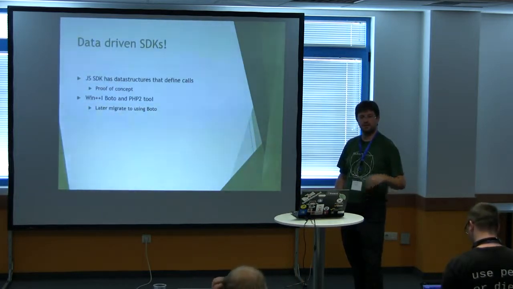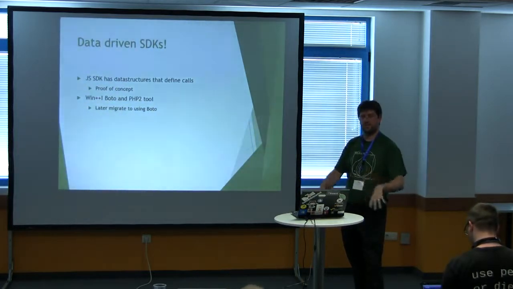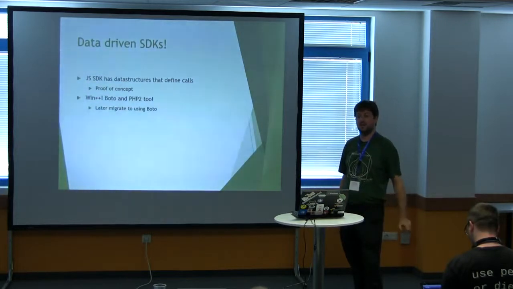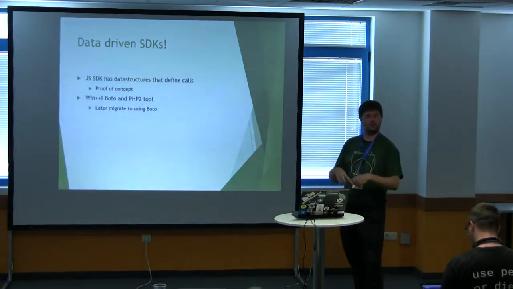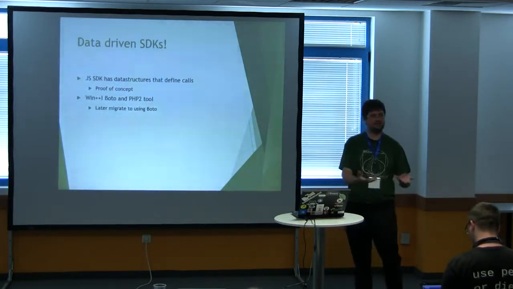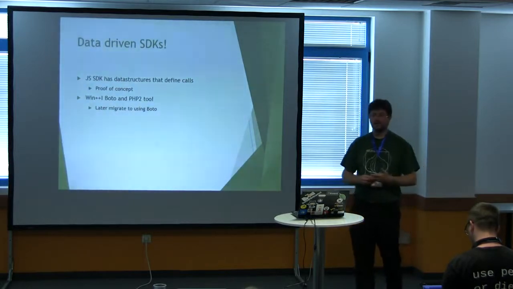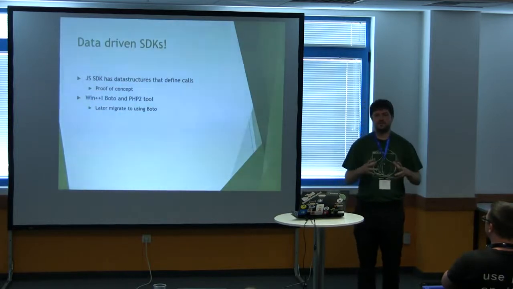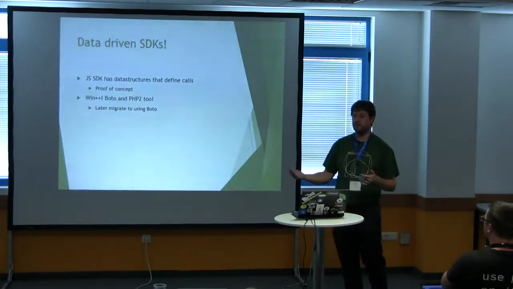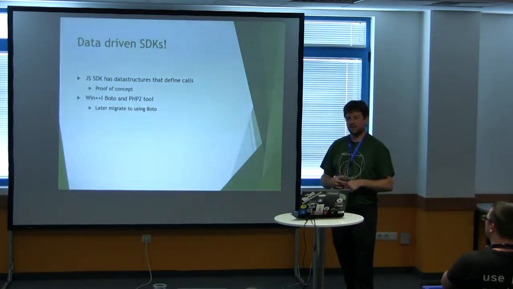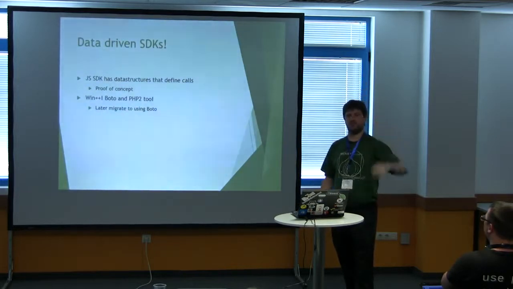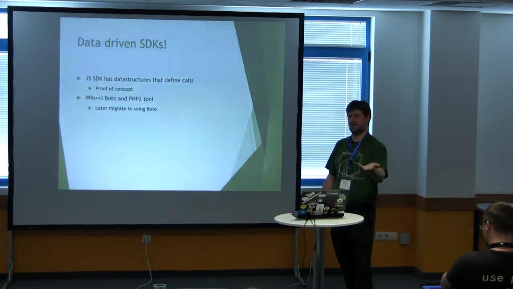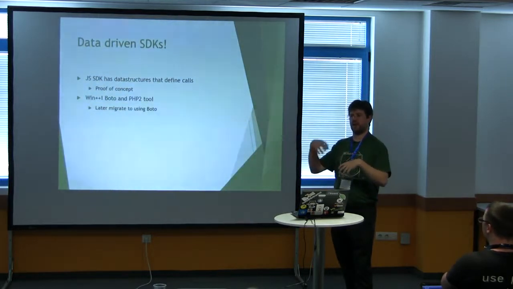They have teams that maintain every SDK, and these teams have to coordinate and get the new features out. So some of the SDK teams had already opted for what they call a data-driven SDK. They have big configuration files that specify what the API calls are, the parameters, how to validate them, and what the objects returned are.